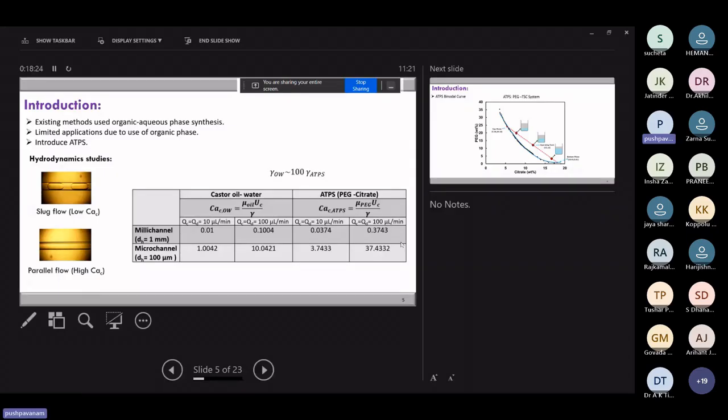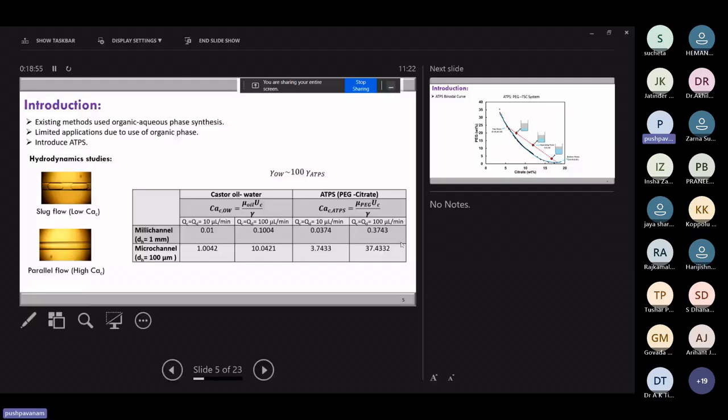What we want is a lower capillary number. If you go to the milli channel, that is, you make the channel slightly bigger, instead of 100 microns, make it 1000 microns or 1 millimeter, then you see that your capillary numbers are about 100 times lower.